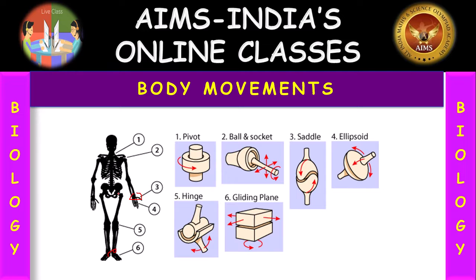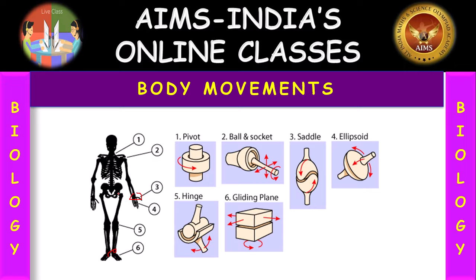And we also studied body movement in animals. What are the organs used for movement in animals? For example, amoeba uses its pseudopodia for its movement. Birds use their legs and wings. Cockroach uses its wings and legs for walking.